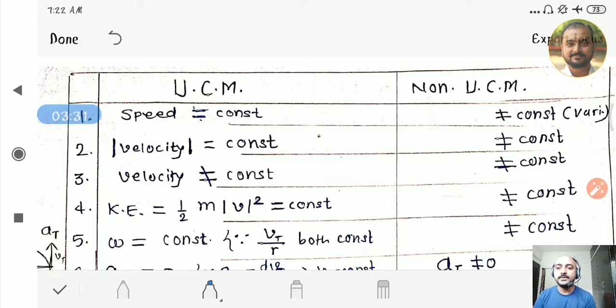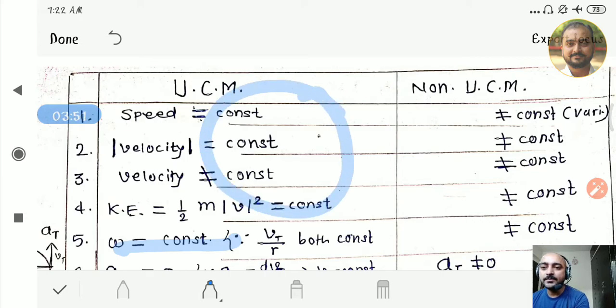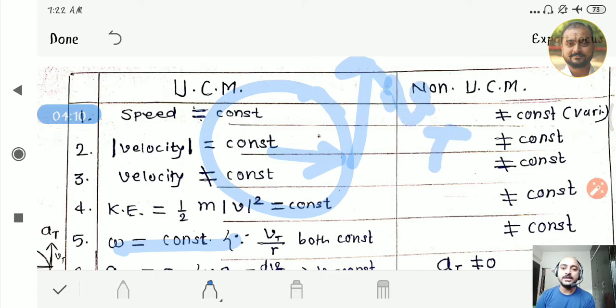Next point is omega, the angular velocity of the body. This angular velocity also remains constant. As we discussed previously, when a particle performs uniform circular motion, this is the position of the particle indicated by the position vector. This is the tangent drawn to the circular path, and this velocity along the tangent is called tangential velocity.